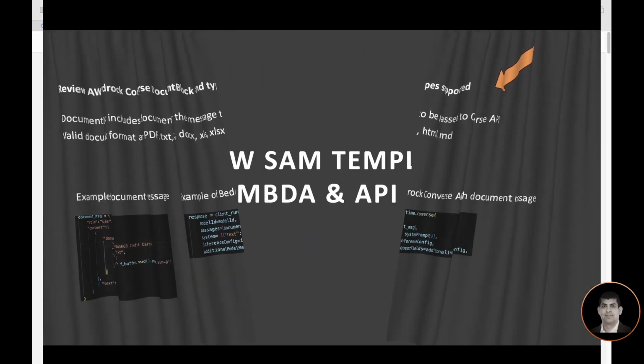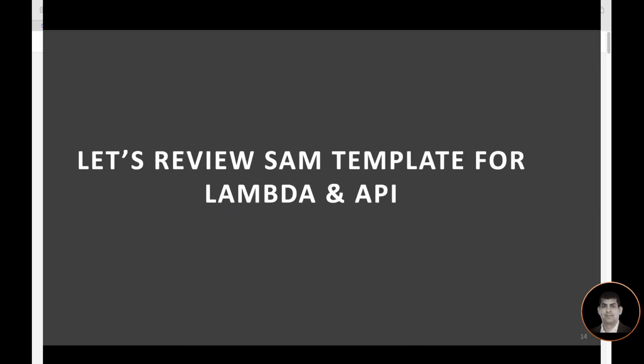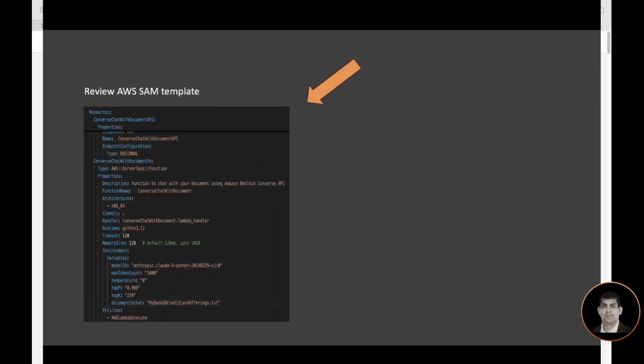Next, let's look at our Serverless Application Model template for Lambda and API. So here is our SAM template. Again, like I stated before, you can avoid this step if you just want to take the code and directly use the AWS console to create the Lambda function.